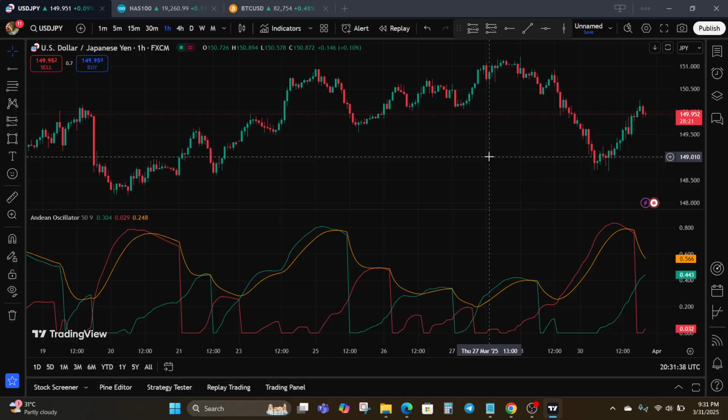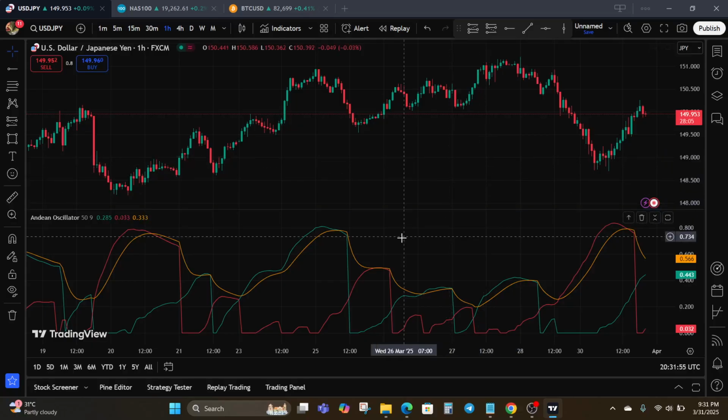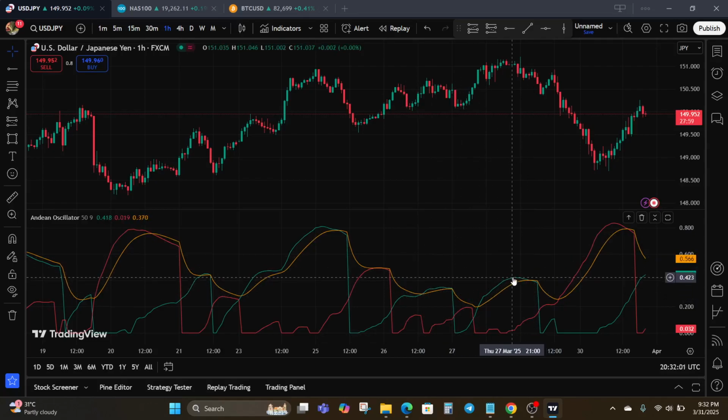The Andean Oscillator is a momentum-based indicator that helps traders identify overbought and oversold zones. Unlike traditional oscillators that generate too many false signals, the Andean Oscillator smooths out price action, making it easier to see when the market is about to reverse.